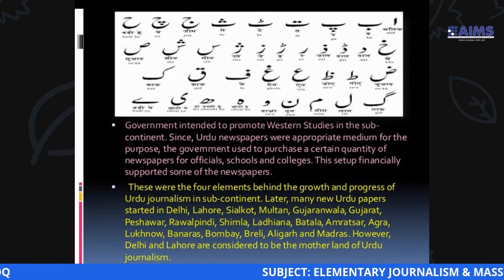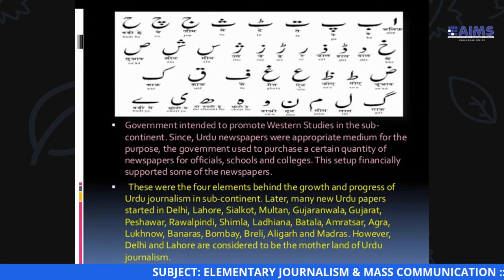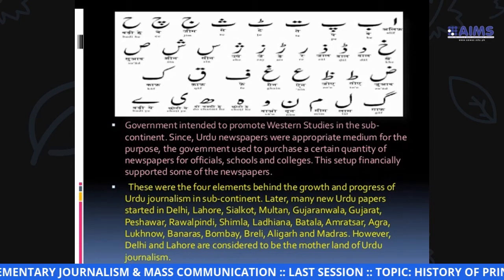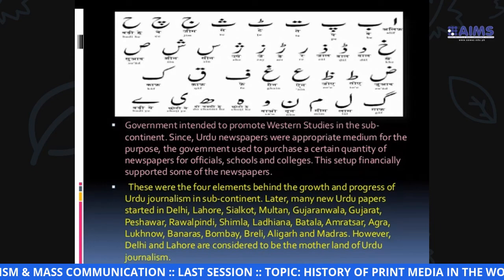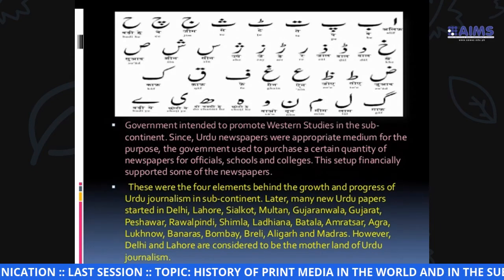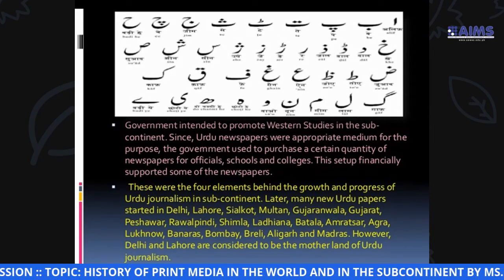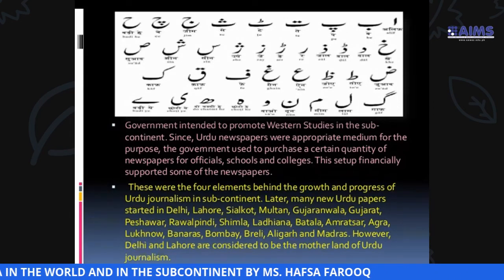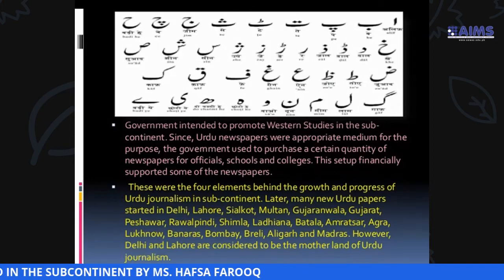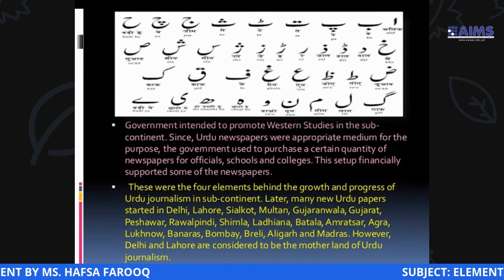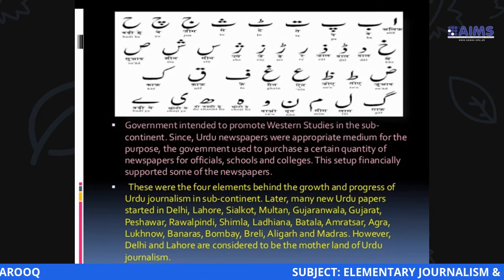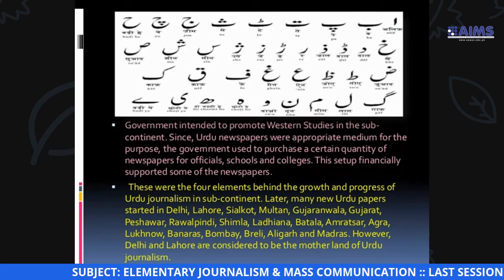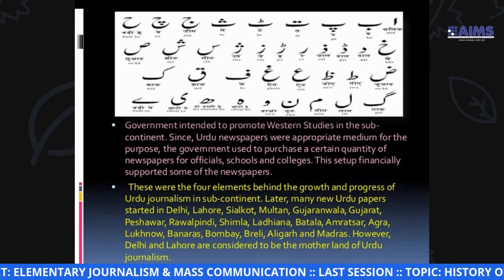Government intended to promote Western studies in the subcontinent since Urdu newspapers were appropriate medium for the purpose. The government used to purchase a certain quantity of newspapers for officials, schools, and colleges. This setup financially supported some of the newspapers. These were the four elements behind the growth and progress of Urdu journalism in the subcontinent.